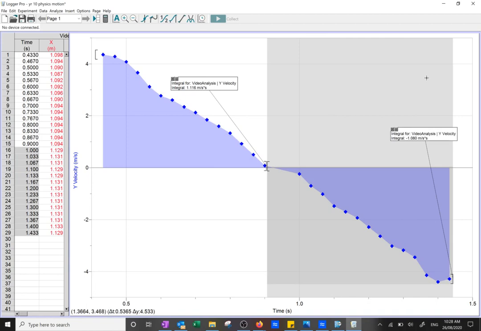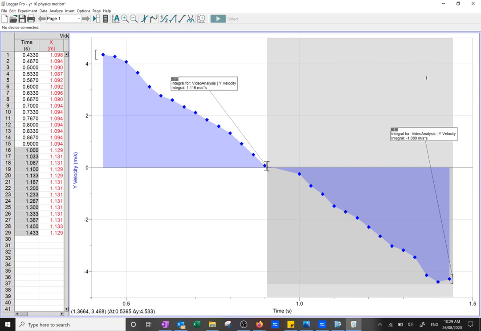See what it's done? It's made a very complex shape. It's just joining the dots, dot to dot, and it's basically doing all of the maths for you. It's basically going area of triangle, area of trapezium, add, total area 1.08, negative. If you add those two together, you'll get plus 1.1 minus 1.1, total displacement is 0.